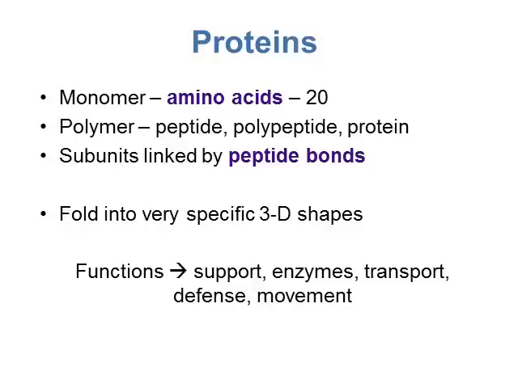They provide support for the cell. Some proteins work as enzymes, some proteins transport things. Hemoglobin in our red blood cells is a protein that transports oxygen. Other proteins are used for defense mechanisms, or for movement within the cell or movement of the cell itself through its environment.